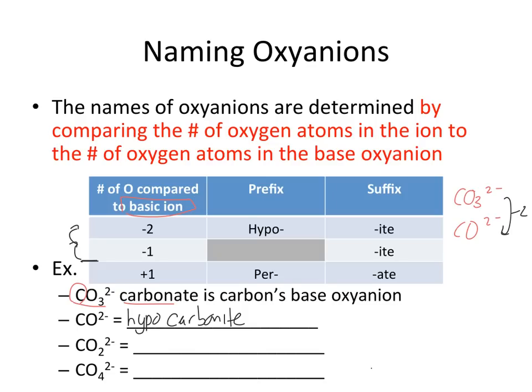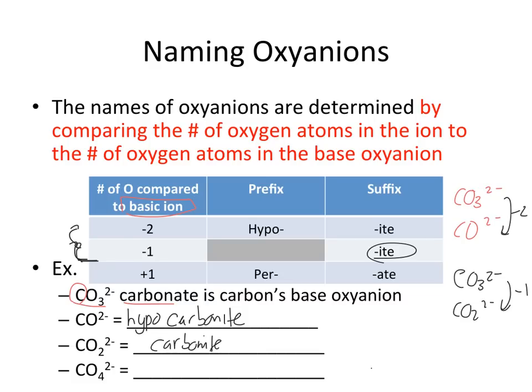Now, CO2 2 minus, well, our base ion is CO3 2 minus, and we're going to CO2 2 minus. So here we've only lost 1 oxygen atom. So here's our base again, and we've lost 1, so it's going to turn into ite. So all it is is carbonite.